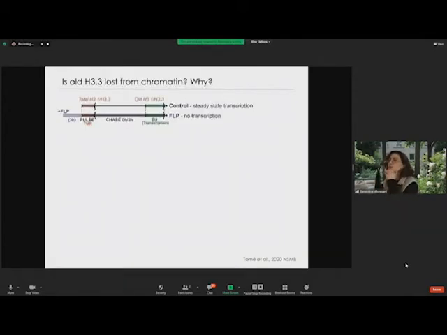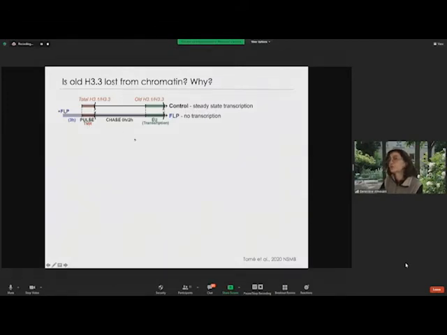So to do that, what Julia in the lab did, she used an approach where she could label transcription with EU labeling. And she did that in a system where she had either the total H3 or H3.3 labeled, then she would chase, and then she could look at old H3.1 or H3.3 by having a pulse with TMR at the beginning.